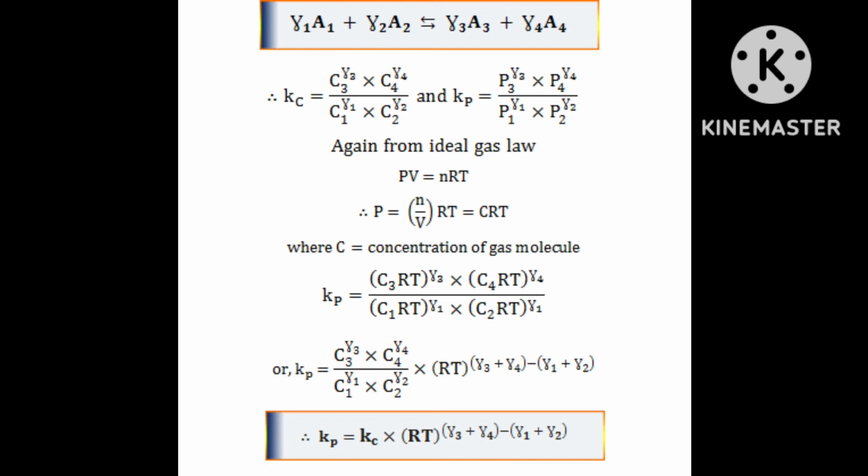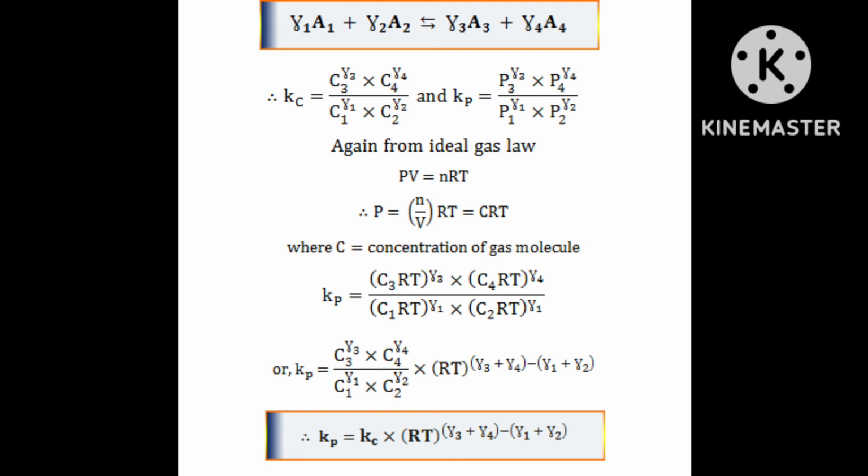Upside becomes 2. Power means pressure. Upside power is 2 and down power is 4. Keep this in mind. This is the relation for Kp in case of synthesis of ammonia: Kp is equal to pressure of NH3 power 2 divided by pressure of nitrogen into pressure of hydrogen power 3.